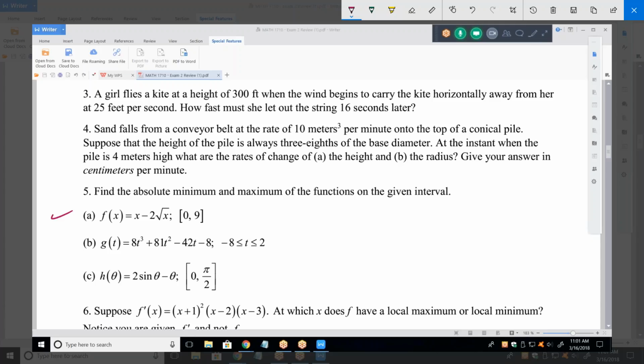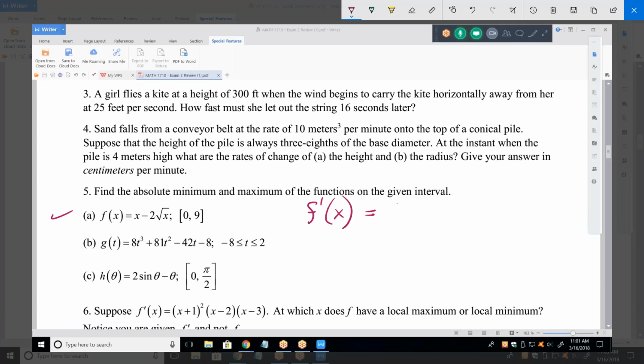Graph it and find the maximum or minimum using your calculator. What's the calculus way to do it? Isn't it just take the derivative? Okay. So we know we have to figure out f prime.